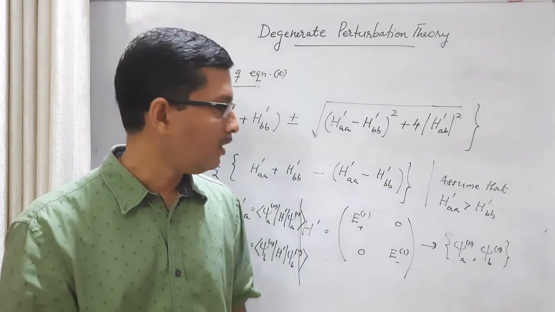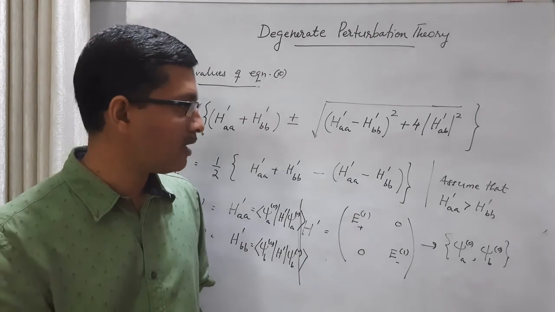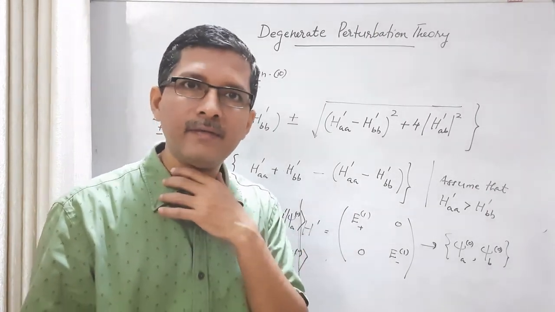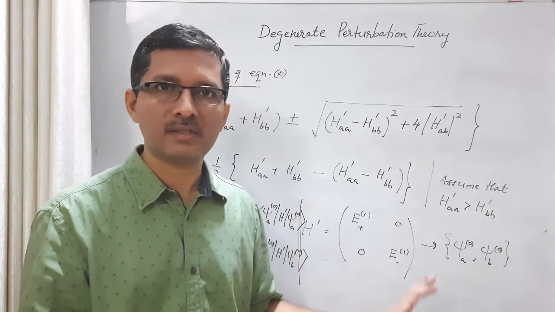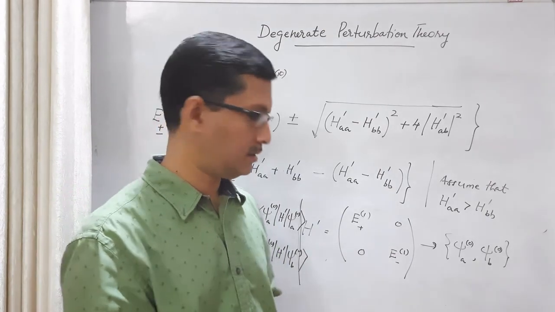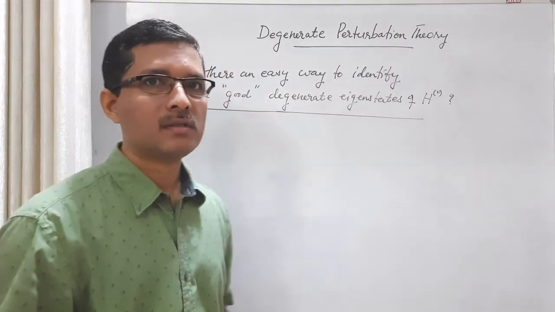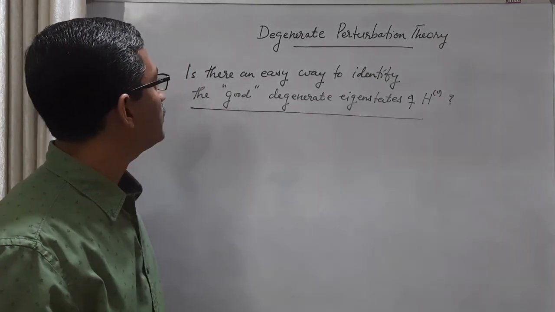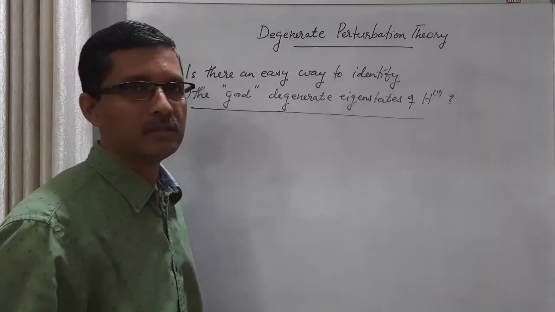So, is there any easy way to identify these good eigenstates? Actually, there is an easy way. Let us see what it is. Is there an easy way to identify the good degenerate eigenstates of H0?